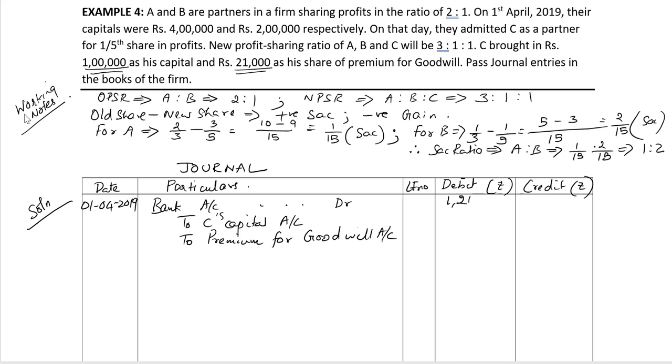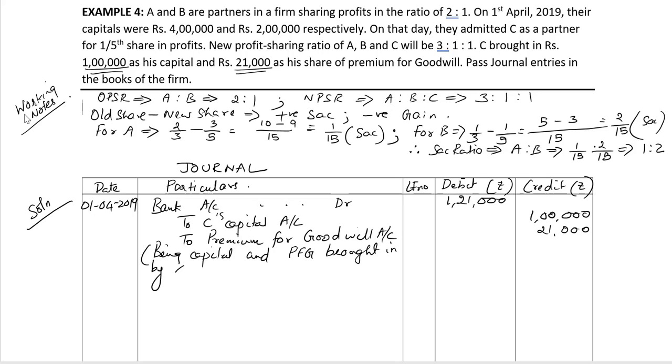Total 1,21,000 cash brought in, 1 lakh as C's capital and rupees 21,000 as premium for goodwill, being capital and premium for goodwill brought in by C.